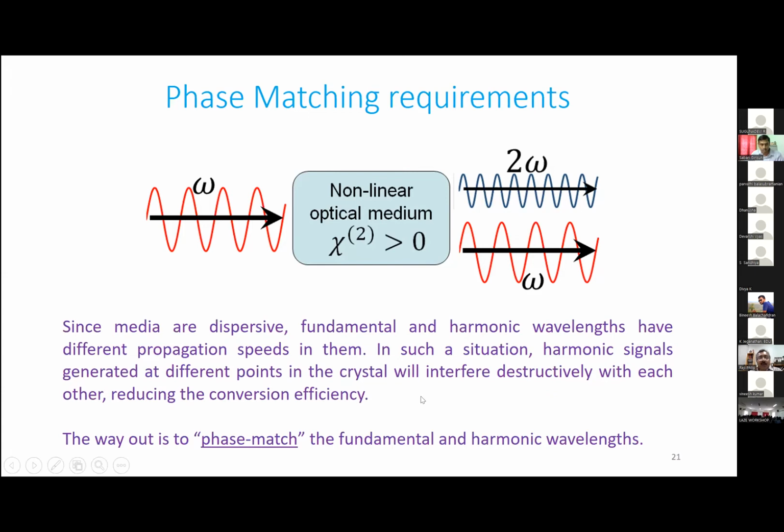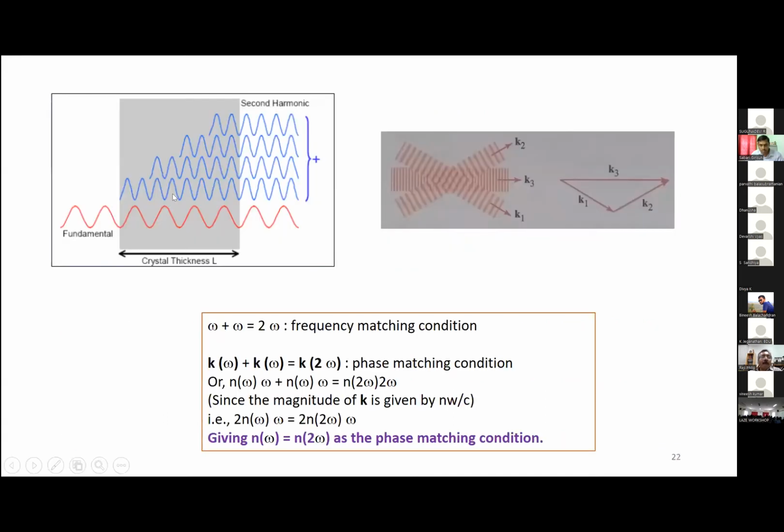So the way out here is to phase match the fundamental and harmonic wavelengths. What we mean by phase matching is that we make the speeds of the fundamental and the harmonic equal. So how do we do that? This is that picture. You have the fundamental beam coming in, and this fundamental is generating second harmonic all through. Let us say it started generating second harmonic from this point, and then it generates everywhere. So here it is generating, here it is generating, here it is generating.